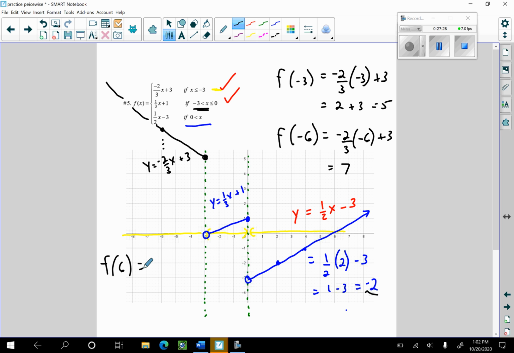The top, the middle, or the bottom? The bottom. I think you guys are getting this. So this is going to be 1/2 times 6 minus 3. Oh, look at that. 3 minus 3 is 0. That's an x-intercept, and this is the point that represents it. Okay? Here's what I would like for you to do now.